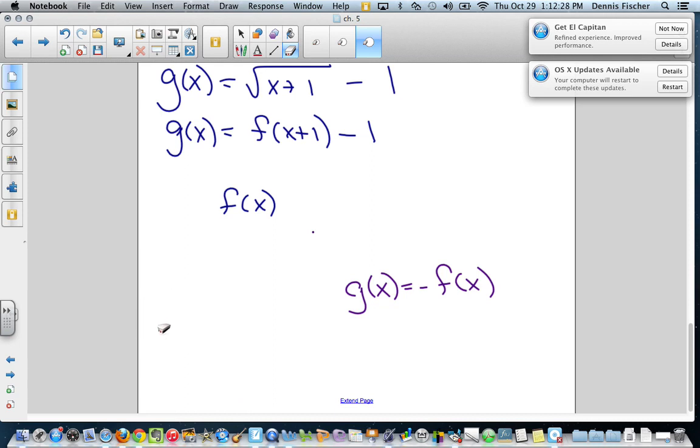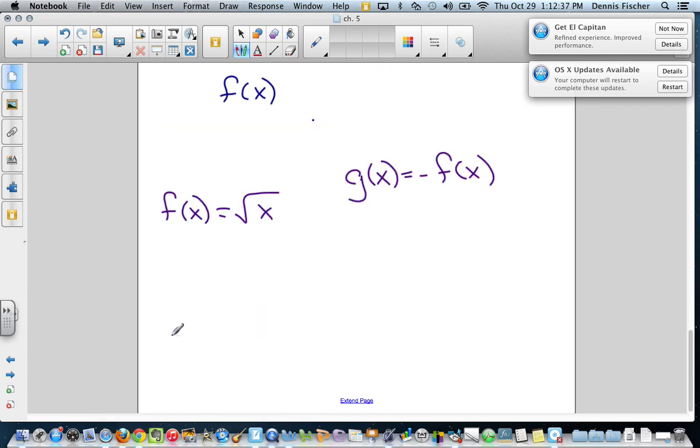Okay, here's my f function. This is another way of thinking of it. Here's square root x, right? And my g function was this. Correct? Let's start here. Here's f of x. If I wrote f of x plus 1, what do I do to one side?